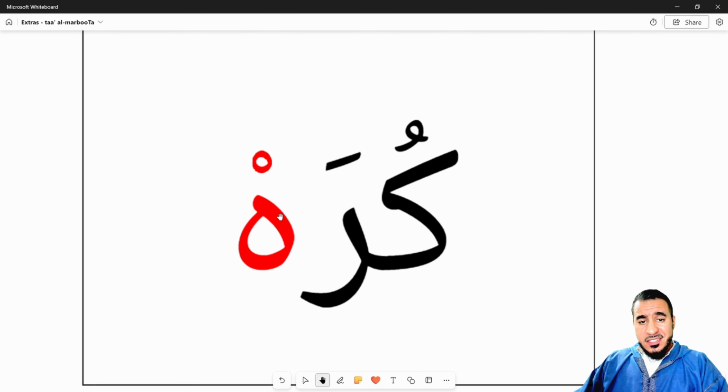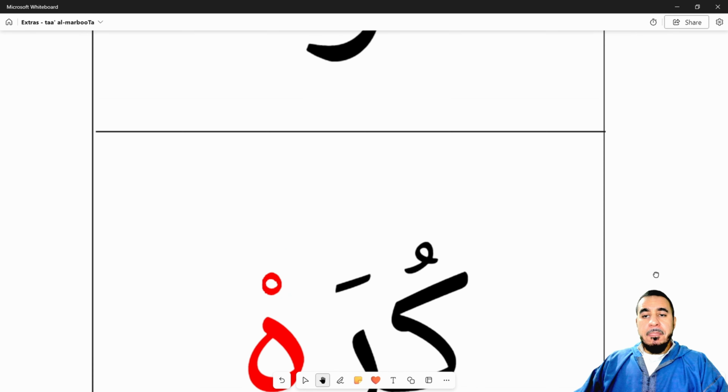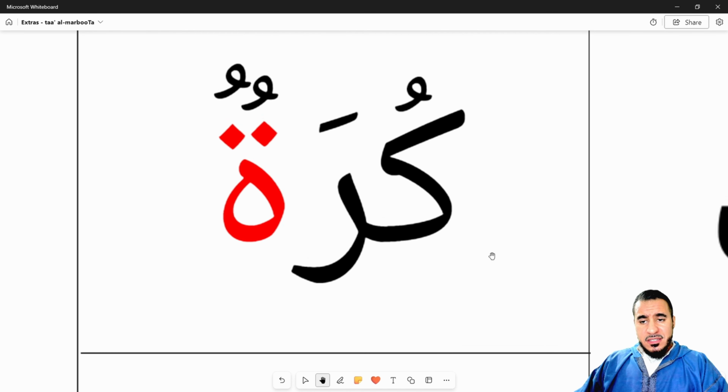So when it's the last word in a part of speech, then we would pronounce it as the ha with a sukoon above it. But if it's in the middle of a sentence, okay, then you would pronounce it as a ta, and whatever haraka it comes with. It could be a dhammatan, a single dhamma, a single kasra, two kasras, one fatha, or two fathas.